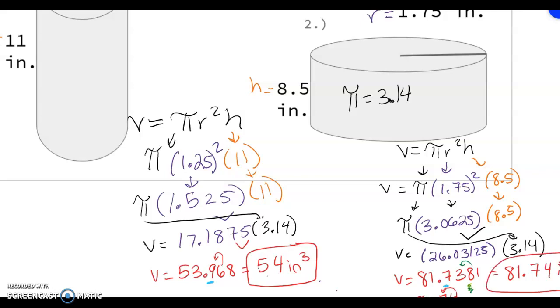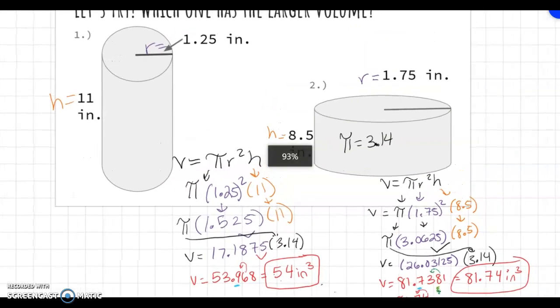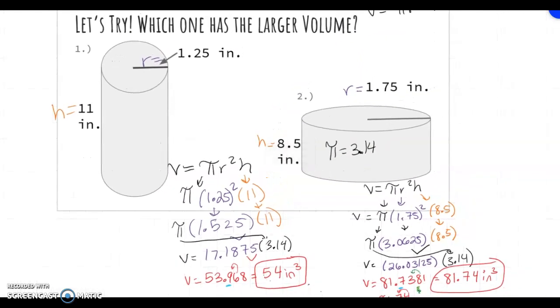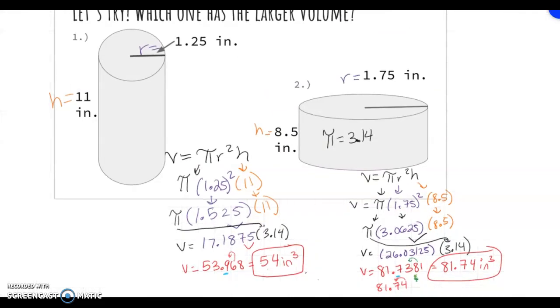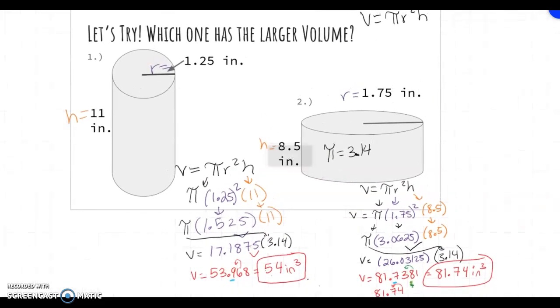Well, let's see. Which one has a larger volume? Because that was our original question. Well, we can obviously see that the shorter figure that has a wider radius is going to have more volume, 81 versus 54.